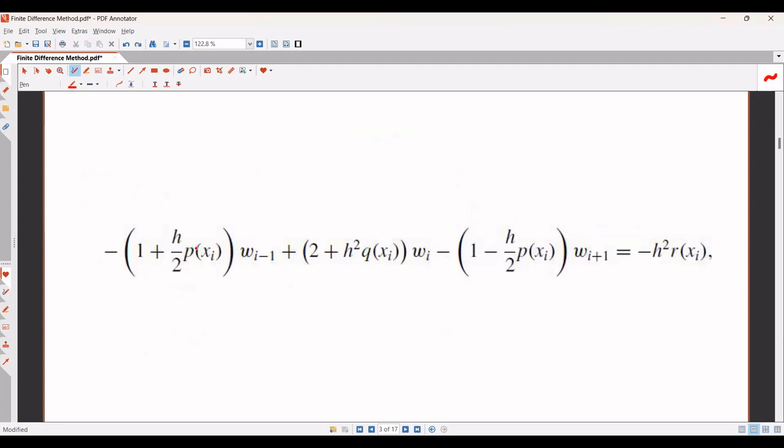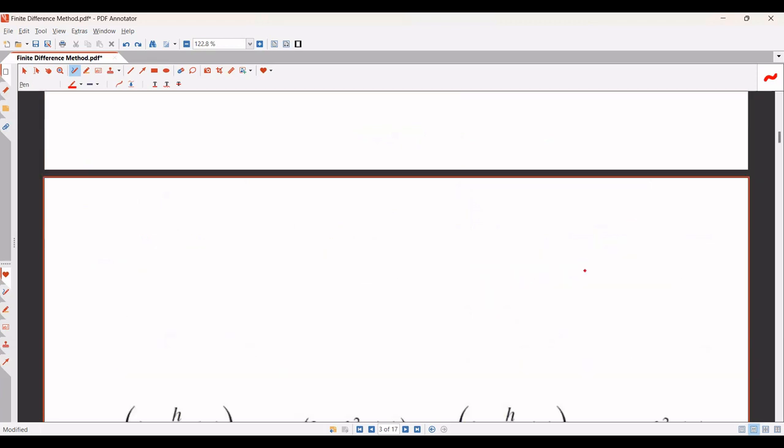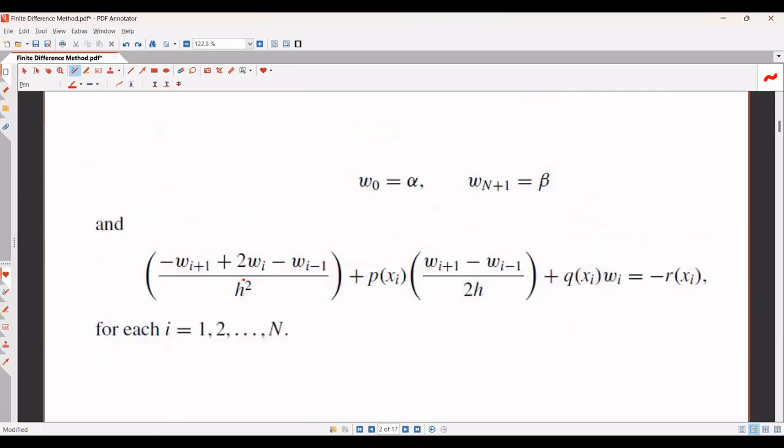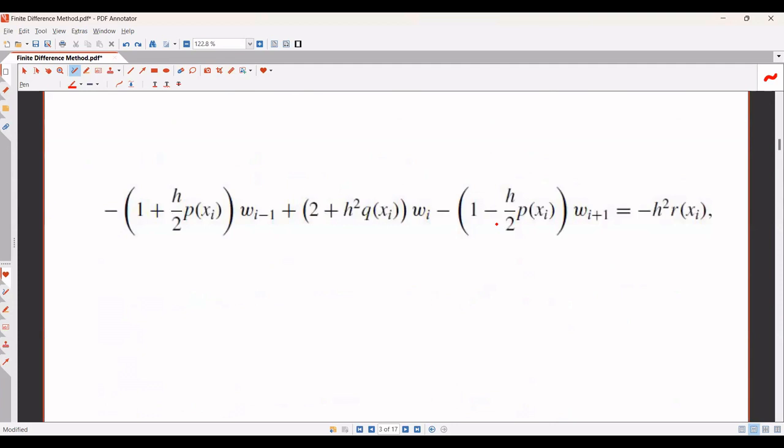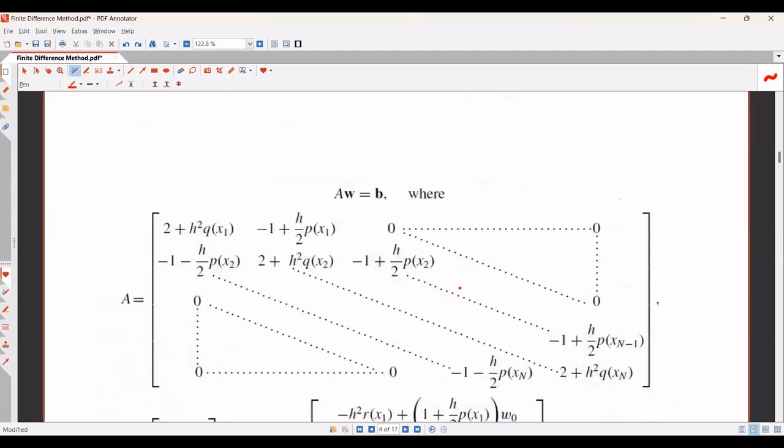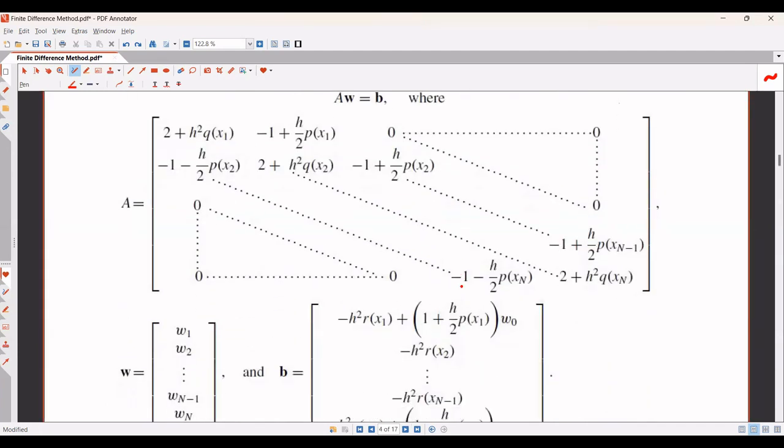You can see that they simplified the coefficients for w_{i-1}, w_i, and w_{i+1} as well. And this can be done by just doing some algebra. So after simplification, we get this. And if you keep putting values of i from 1 to n, you will eventually get a system that can be written in matrix form in this way.